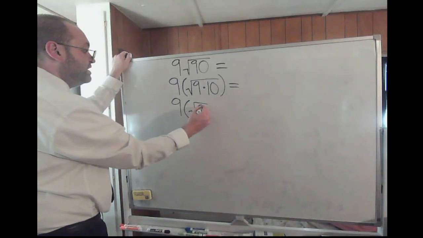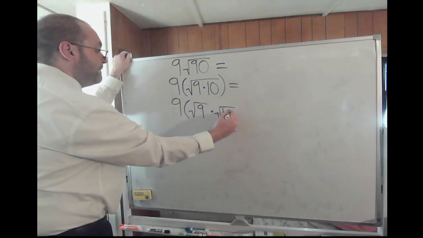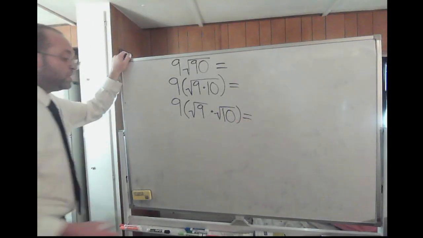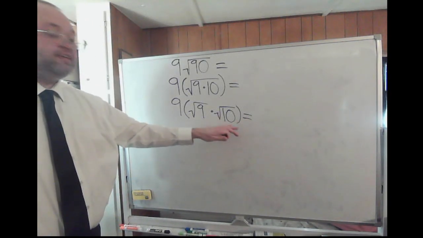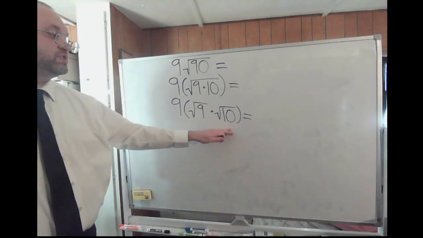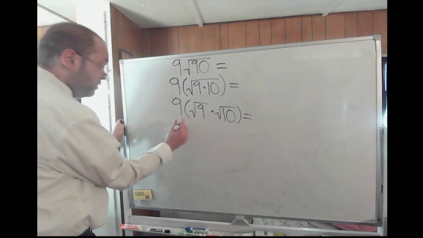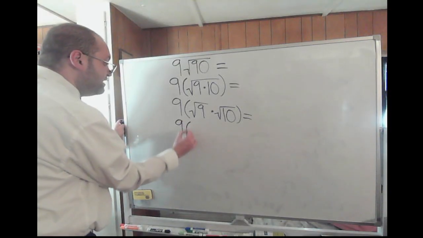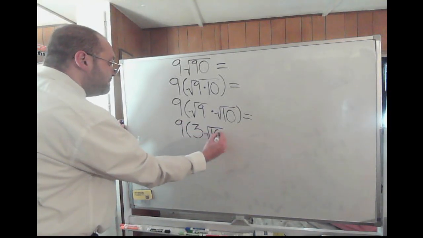the square root of 9 times the square root of 10. Okay. Well, square root of 10 is definitely not a perfect square. Not even one of the factors has a perfect square. So the square root of 10 cannot be reduced any further. But the square root of 9 is 3. So what you'll have is 9 times 3 times the square root of 10.